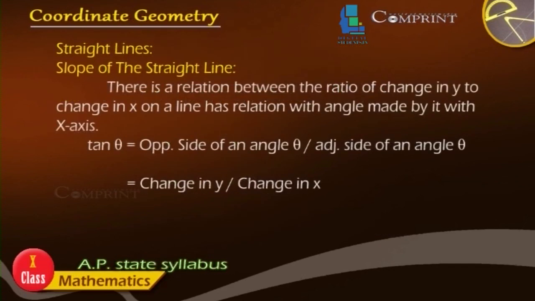Straight lines. Slope of the straight line. There is a relation between the ratio of change in y to change in x on a line and the angle made by it with the x-axis. tan theta = opposite side of angle theta by adjacent side of angle theta = change in y by change in x.